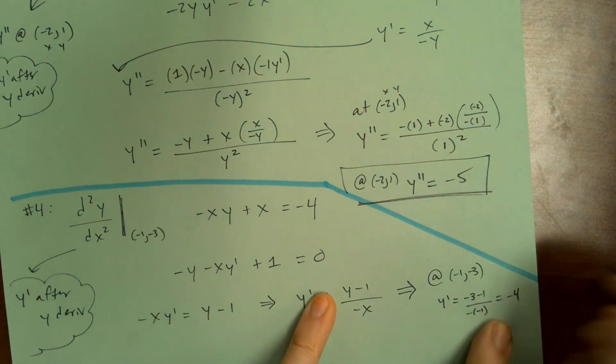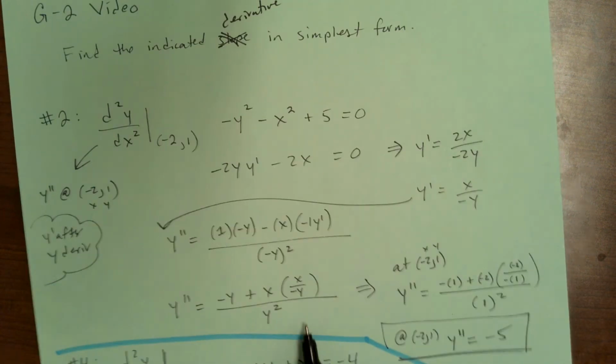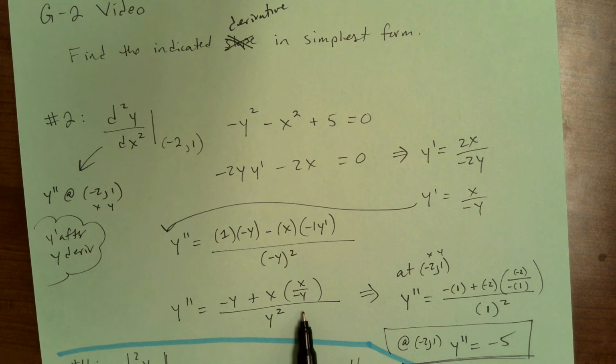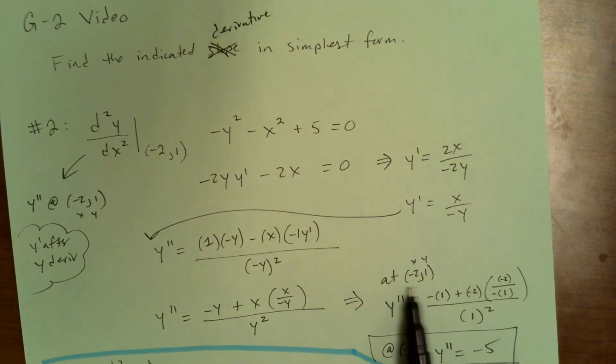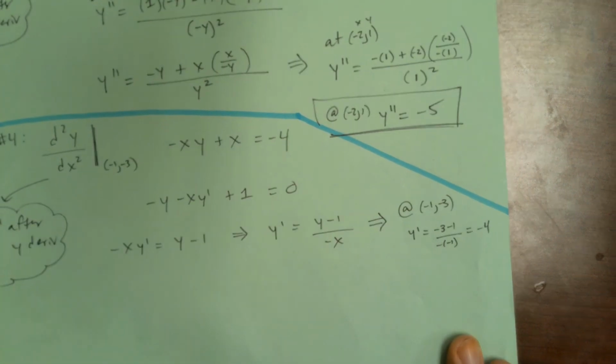This is just negative 4. So for this problem, instead of plugging in the first derivative in terms of x and y, and then plugging in my point, when I see the y prime, I could just put a negative 4. So that's another way.